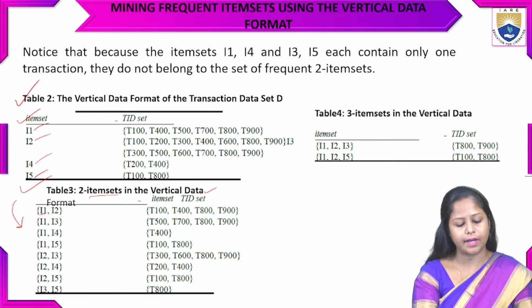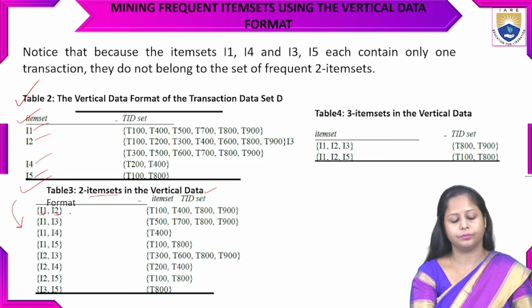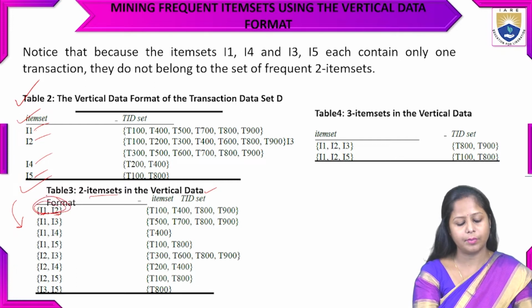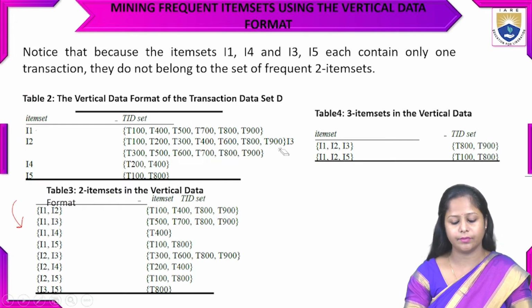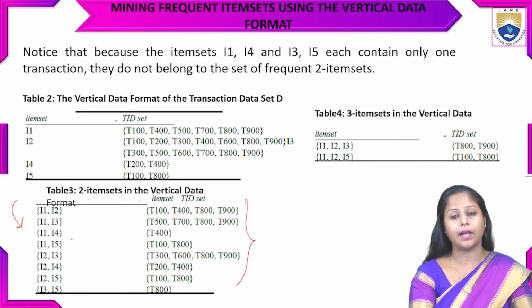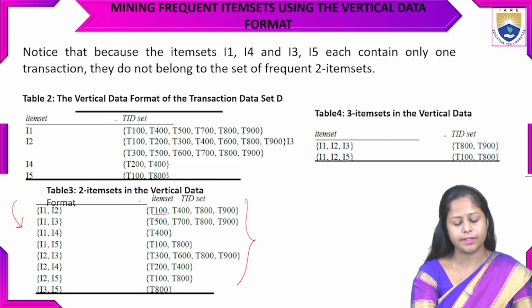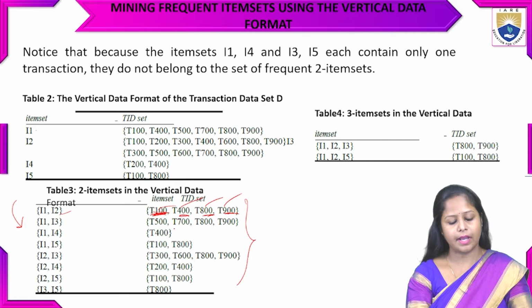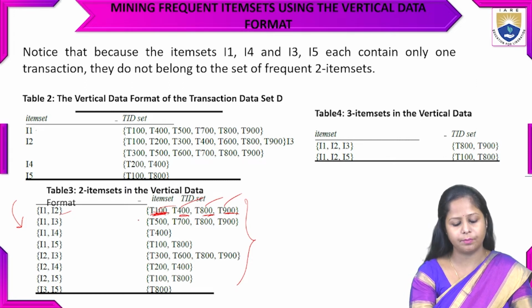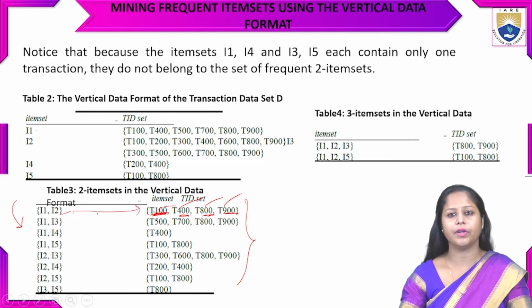We check the combination of I1 and I2, and in how many transactions it appears. For I1, I2, the transactions are T100, T400, T800 and T900.